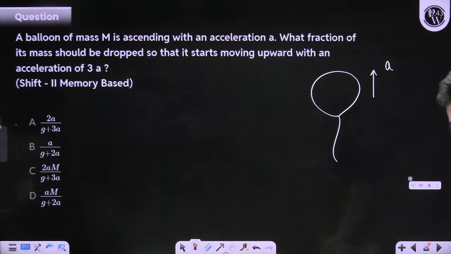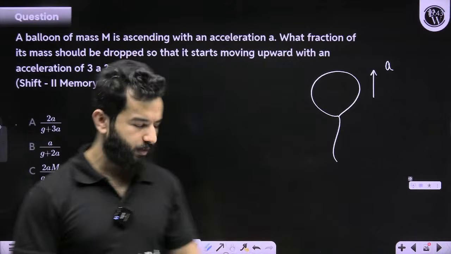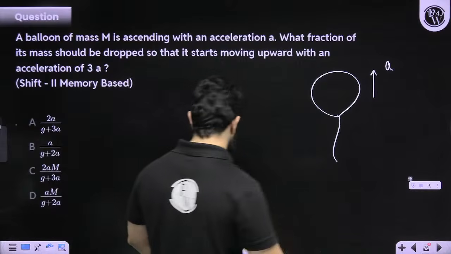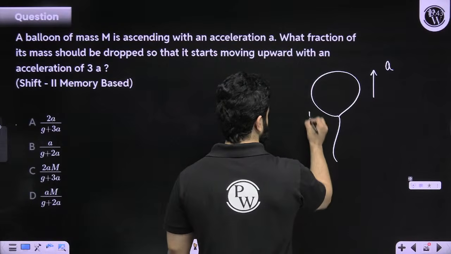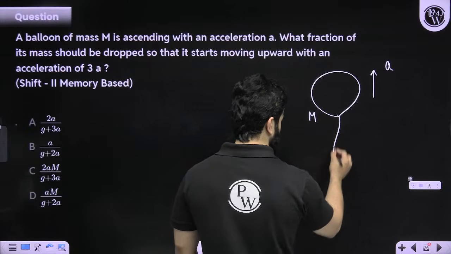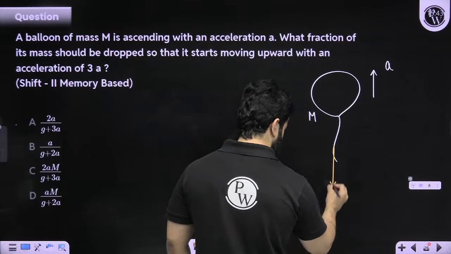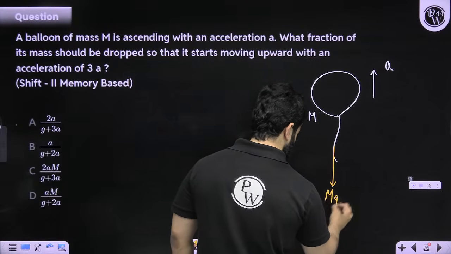Fine. If it is moving up with an acceleration of a, then let's figure some things out. See, it has got total mass M. Definitely mg is going to act downward. Mg is acting downward.